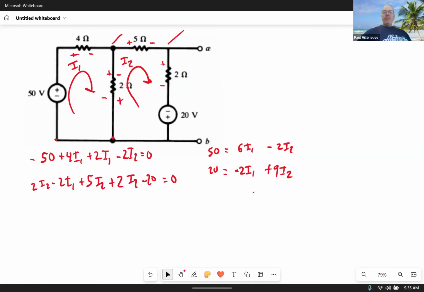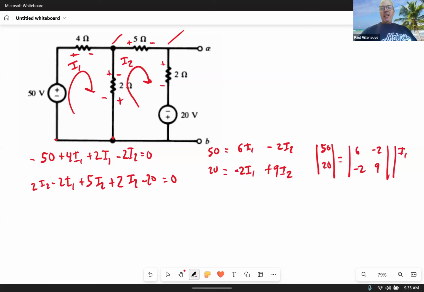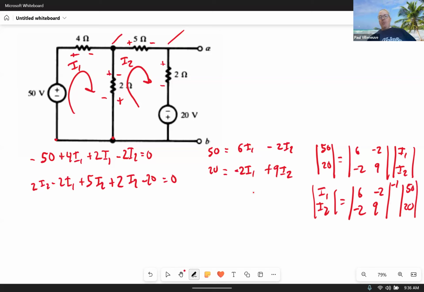So in my matrix setup, I have 50, 20 equals 6, negative 2, negative 2, and 9 times I1 and I2. So I1 and I2 are going to be equal to 6, negative 2, negative 2, 9, raised to the negative 1, times 50 and 20.